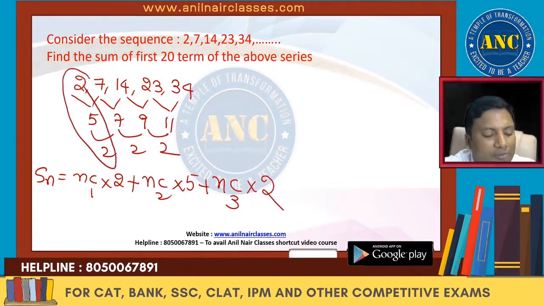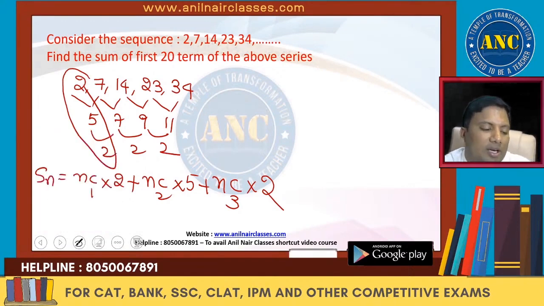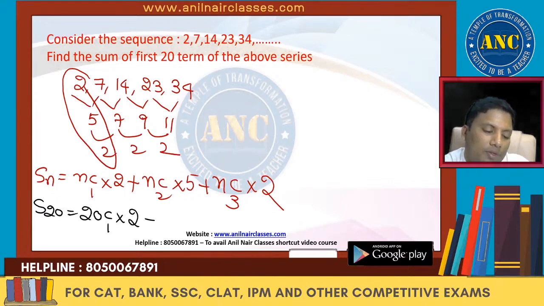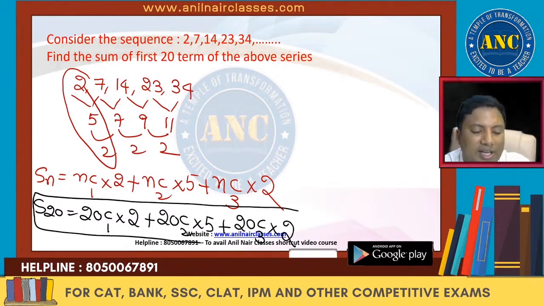See, derived from the concept n by 2 into 2a plus n minus 1 d. Sum of 20 terms: 20C1 into 2, 20C2 into 5, 20C3 into 2. Calculate it, and whatever answer you get, that itself is the answer.